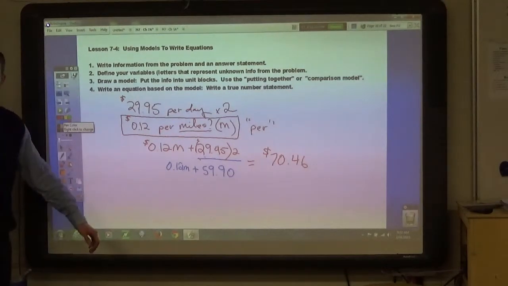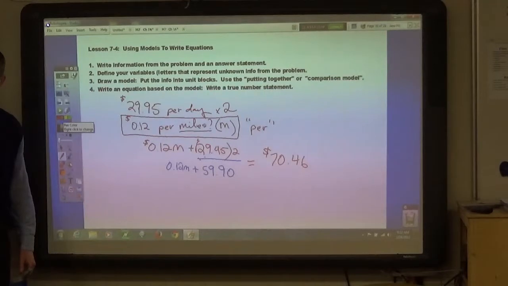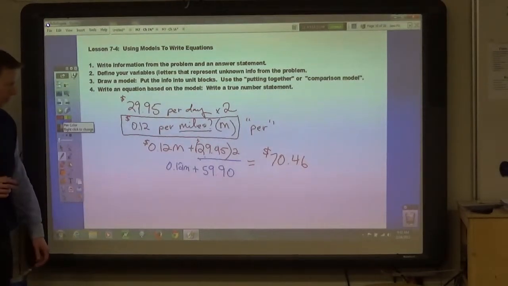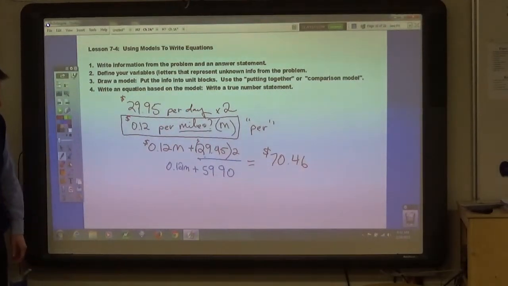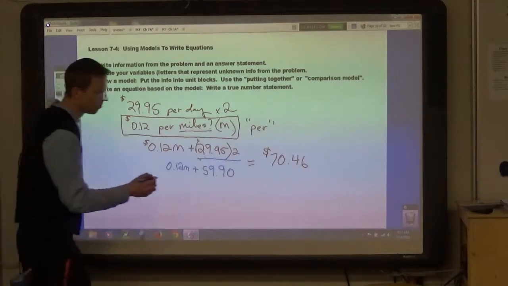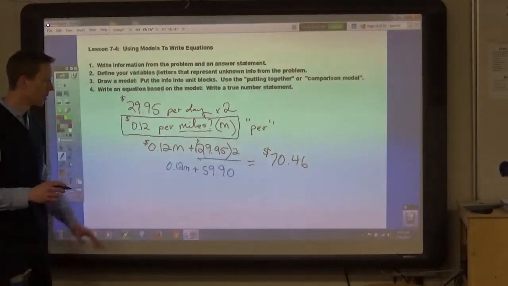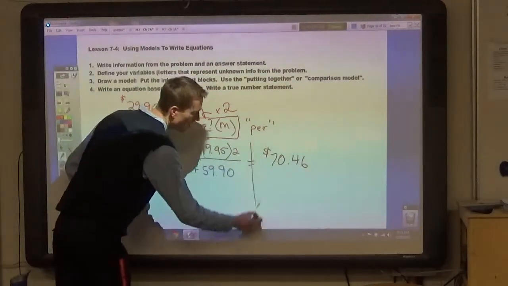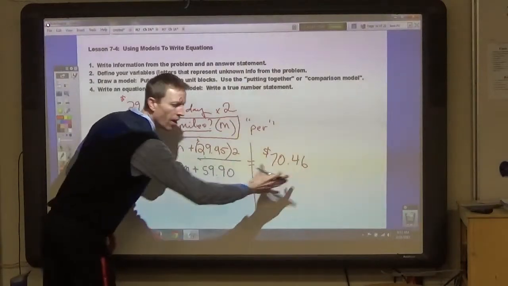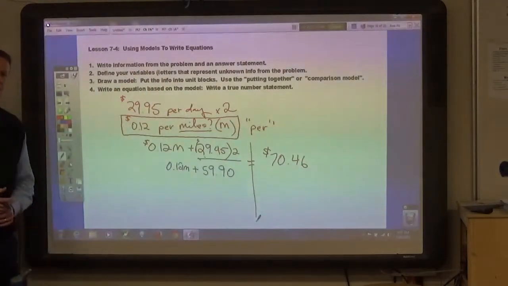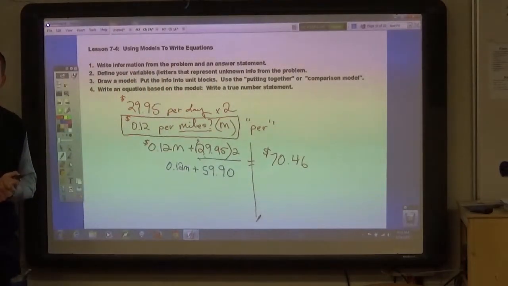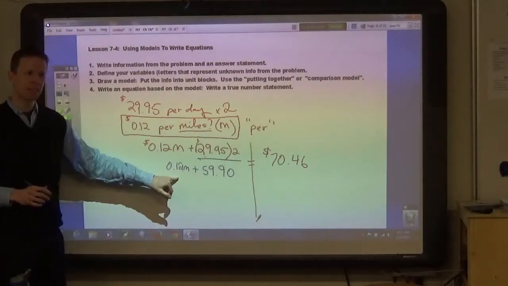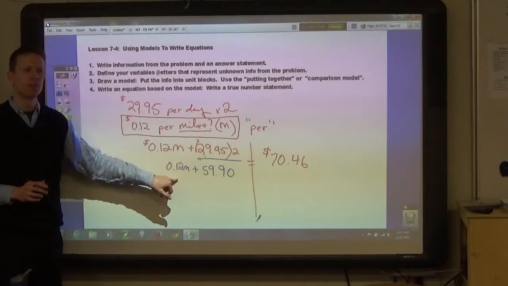How do we solve it? Don't we have to divide on one side and then on the other side? Okay. So, we have to get the m by itself. How do we get the m by itself?